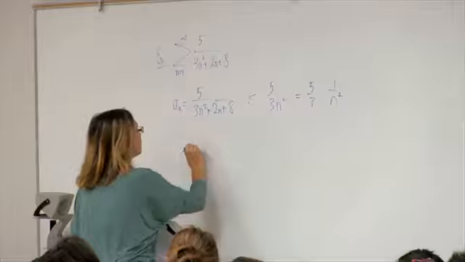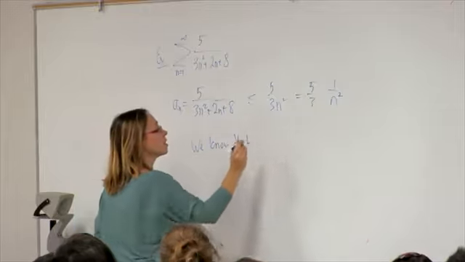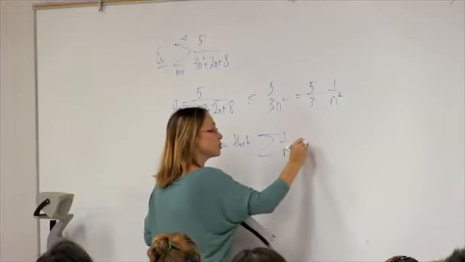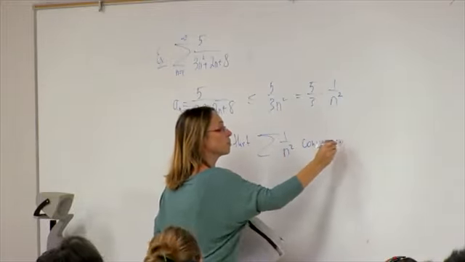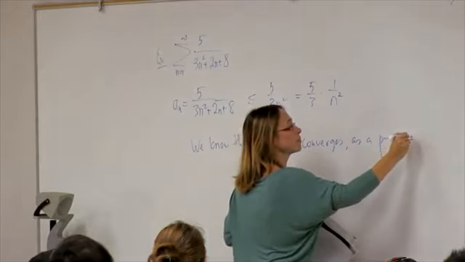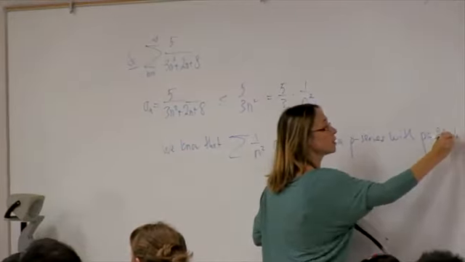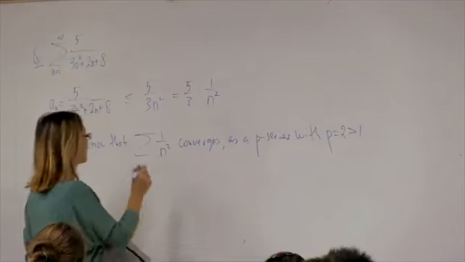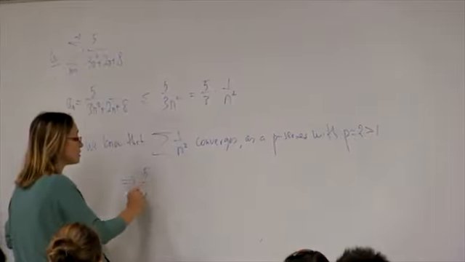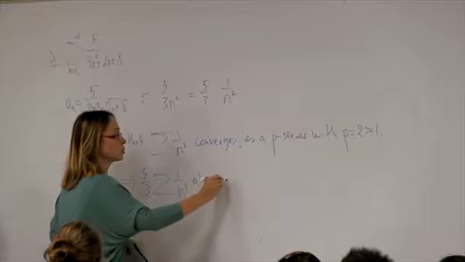Okay, we know that this guy converges as a p series with p equals 2 greater than 1, right? So we know that. Therefore, 5/3 times this thing also converges.